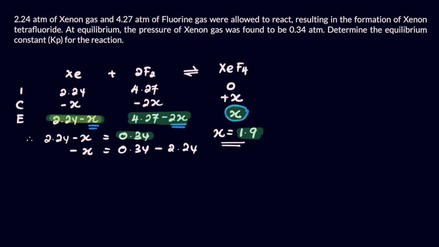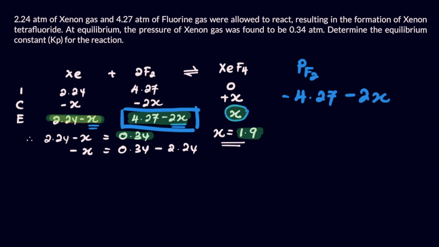So we are now going to calculate the partial pressure for fluorine gas. The partial pressure for fluorine gas at equilibrium is equivalent to 4.27 minus 2x, whereby x is equivalent to 1.9.